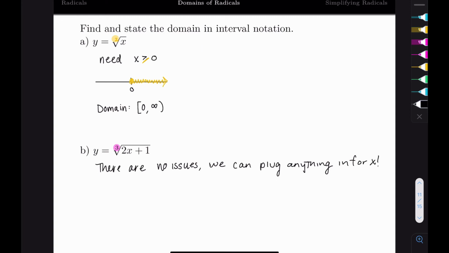Okay. So as a result, the domain is all real numbers. And what that looks like in interval notation is you can take anything from negative infinity to positive infinity.